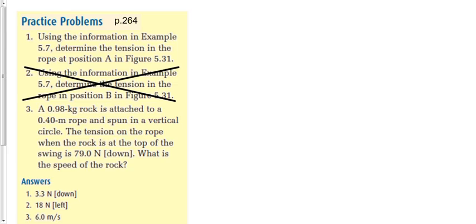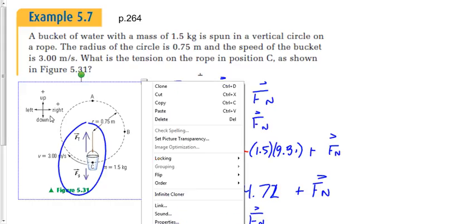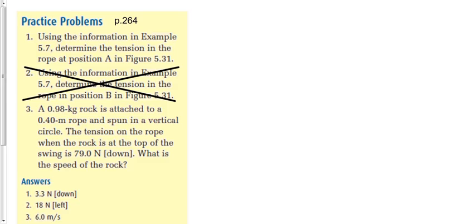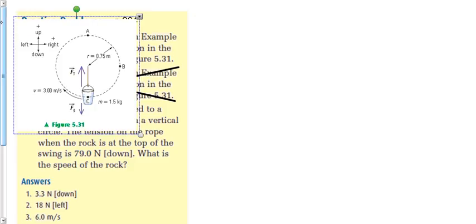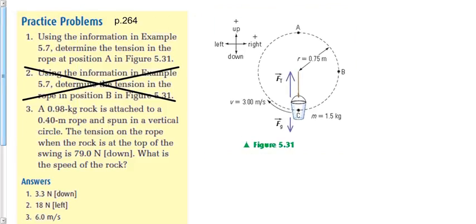I'm going to have you guys look at two questions on page 264. Anybody tell me why? Let me just copy over that diagram in example 5.7, and I'll ask you to tell me why I'm not asking you to do question number 2. Here's the picture. Why am I not asking you to do question number 2 here?